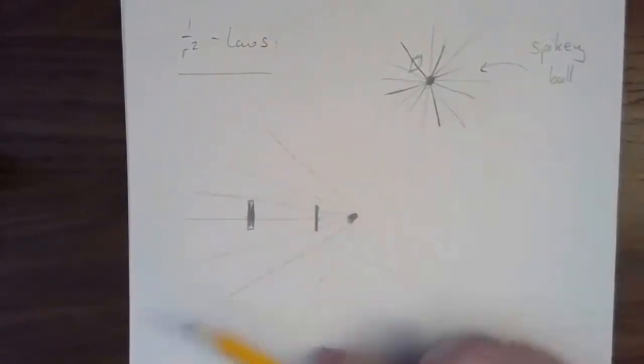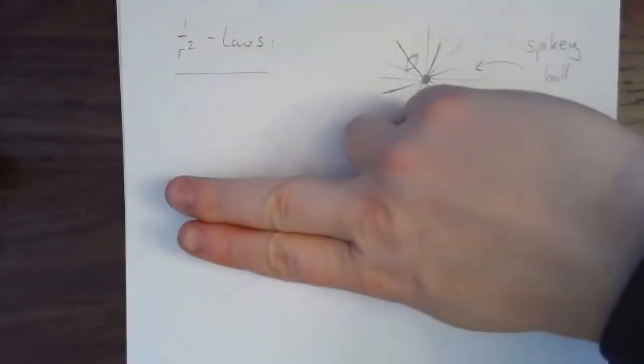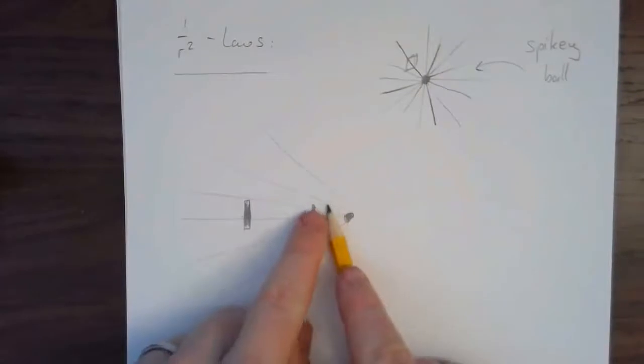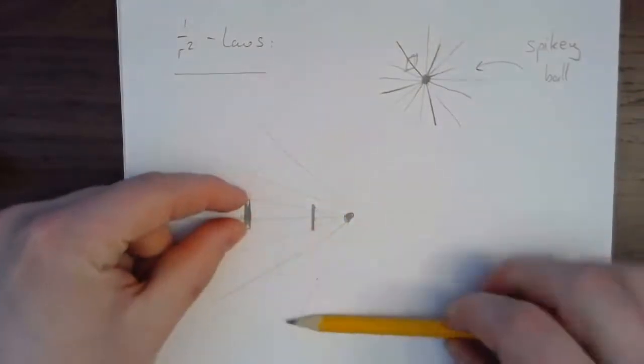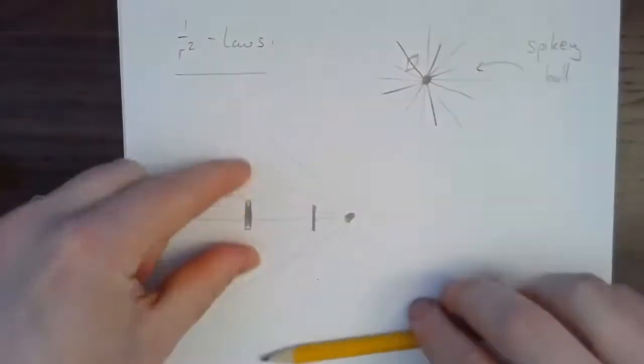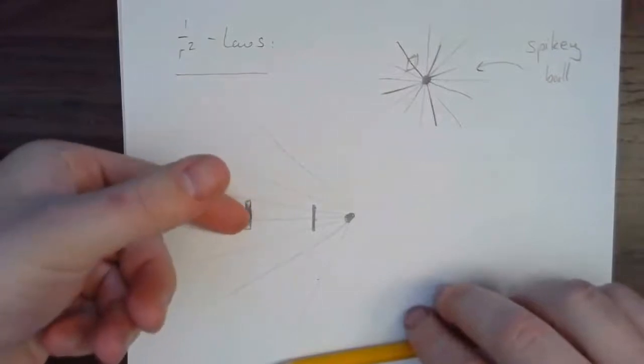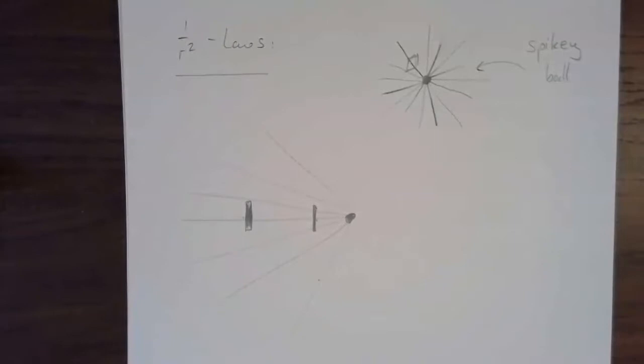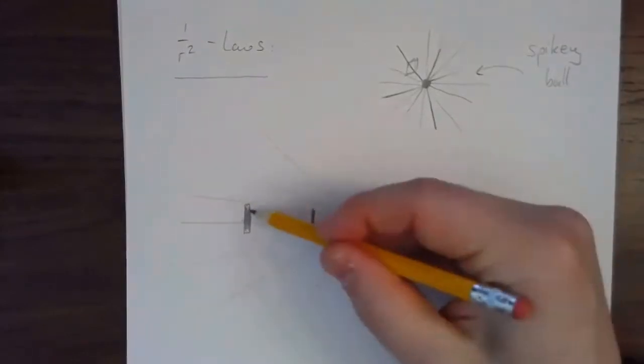But now in 3D, the spikes spread out like this, but also like this. So if I double the distance, only half as many spikes fit in this way, and only half as many spikes fit in this way. And so only a quarter of the total number of spikes is going to go through my window.